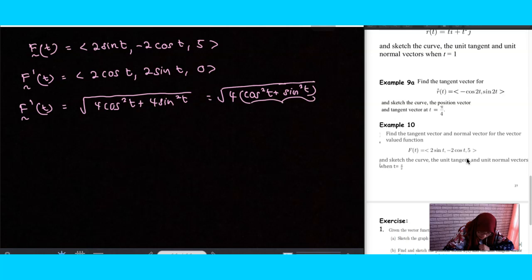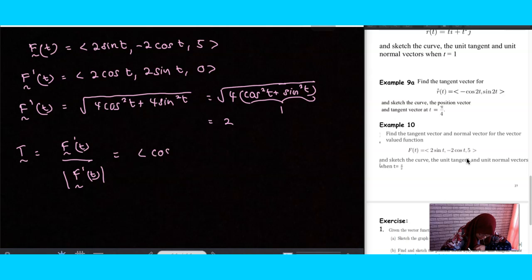And this one becomes 1, so you got 2. So that is your magnitude. And then to get T, we know that f prime t divided by its magnitude. So then we can have cos t, so the 2 is gone, sin t, 0. So that is our T.